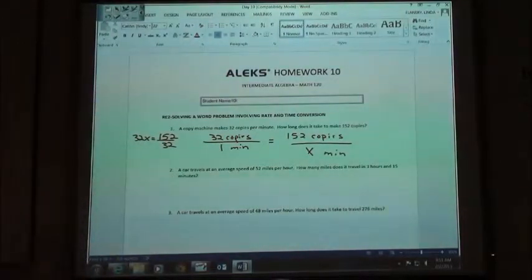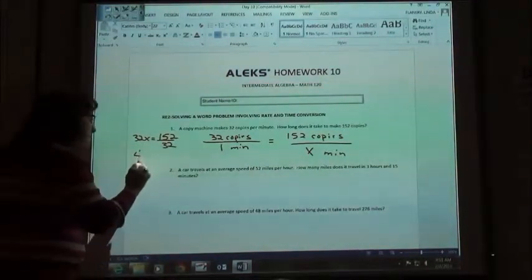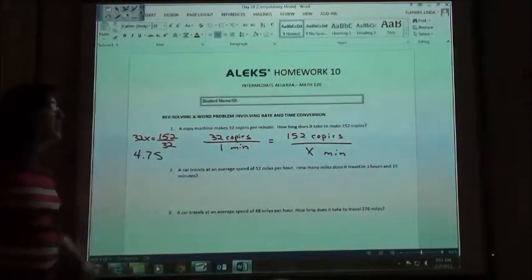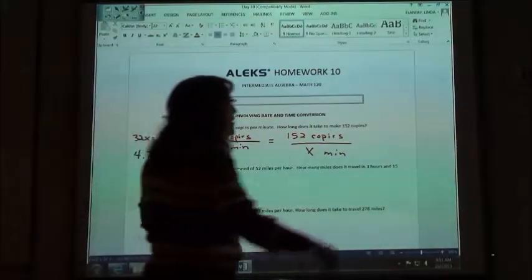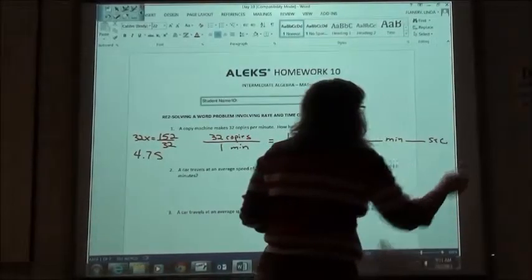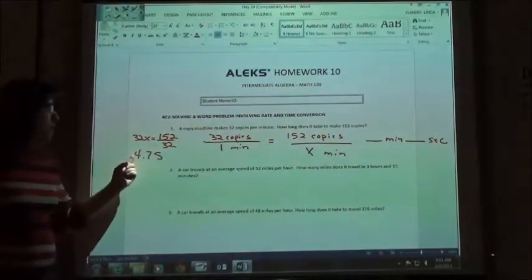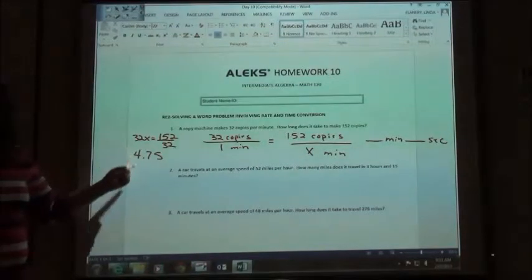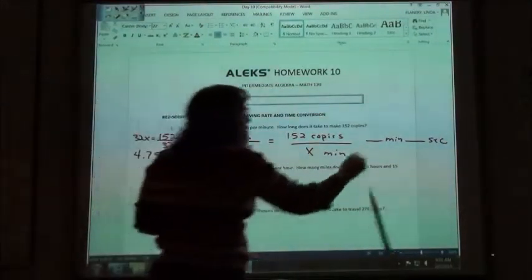Now, when you divide that by 32, what do you get? 4.75. Our problem here will be, it's not just going to ask how many minutes. It's going to ask for the number of minutes and the number of seconds. So the 4 in front is the 4 minutes, or 4.75 minutes. So 4 minutes.